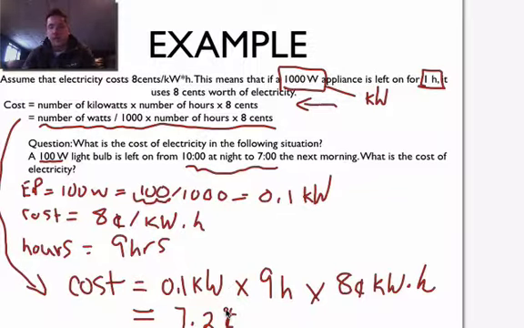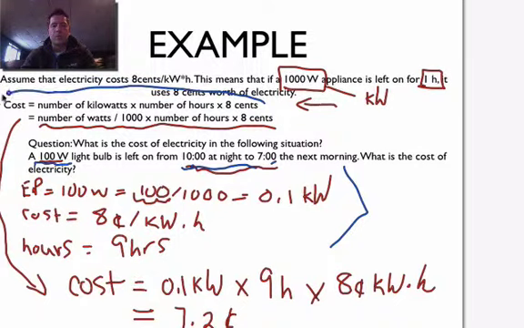So this is how we find it. First, I've established what I know right here. I had to do a little figuring out of the hours by calculating the hours based on the time at night to the time in the morning. I had to convert my 100-watt light bulb into kilowatts by dividing by 1,000, and then I had to plug everything into this formula up top here to ensure that I could do the proper calculations.